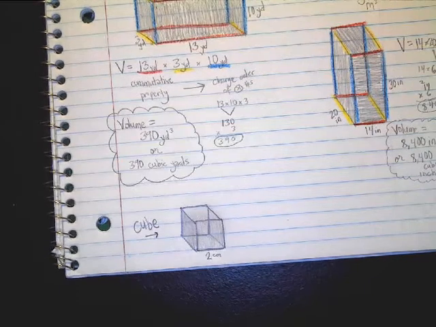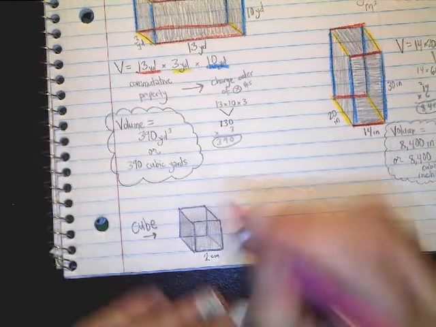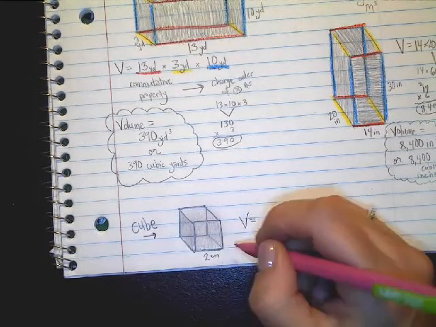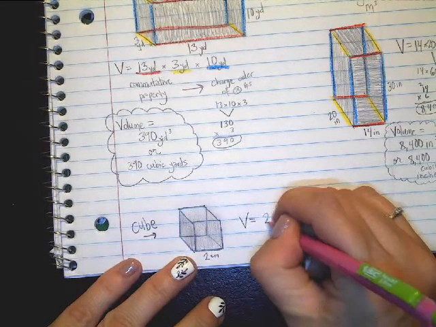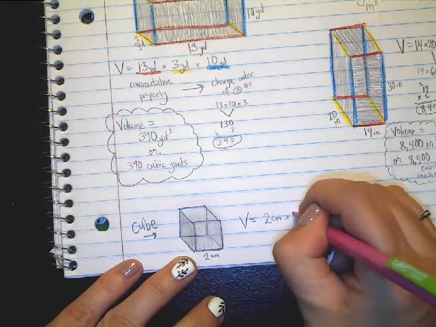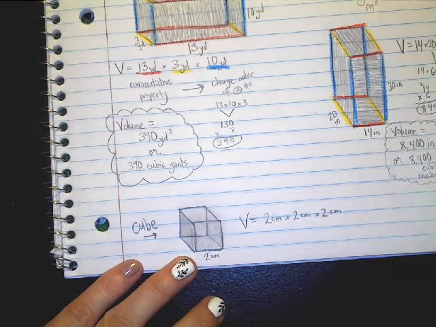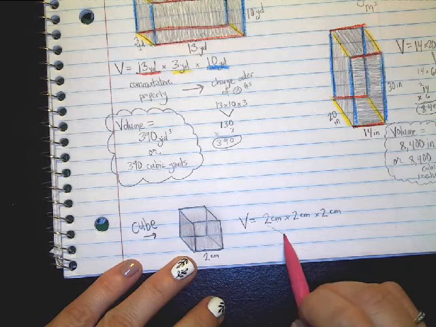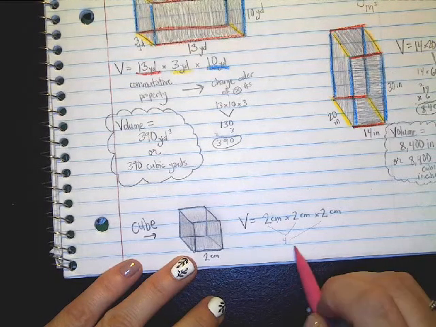I could literally just give you one measurement. Because if they're giving me one measurement, they're kind of telling me that all the measurements are the same. So the volume for a cube is just 2 times 2 times 2, because it would be the same on all sides. So you'd be doing 2 centimeters times 2 centimeters times 2 centimeters.